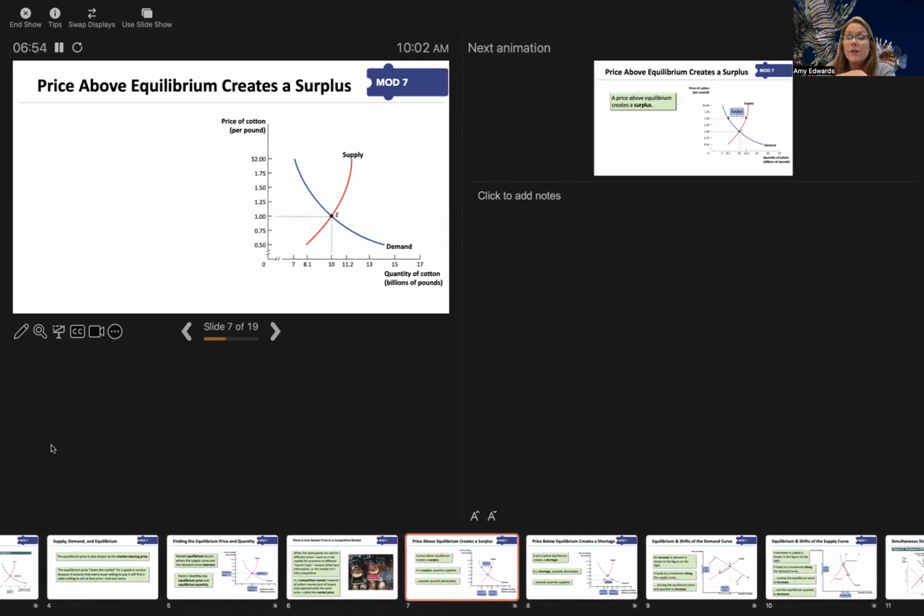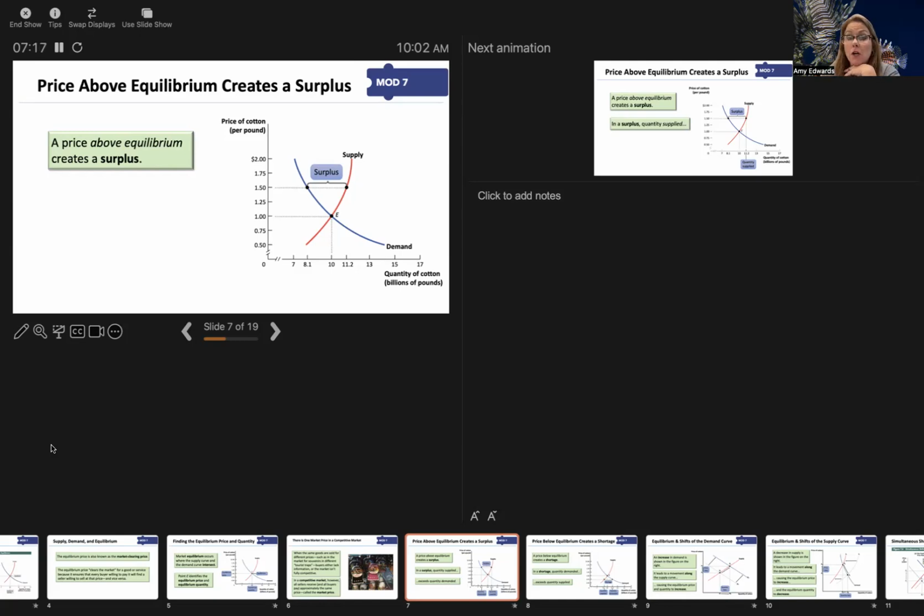Now, here's what's interesting, okay? So we're going to have equilibrium. So here's our equilibrium. Our price is $1, okay? So let's say that all of a sudden, all the cotton suppliers say, you know what? We're not going to sell it for $1. We're going to sell it for $1.50. We want to raise the price of cotton to $1.50. Well, look at what happens.